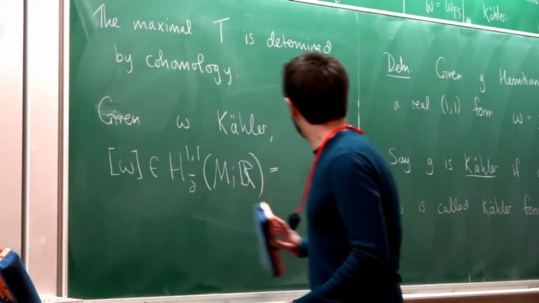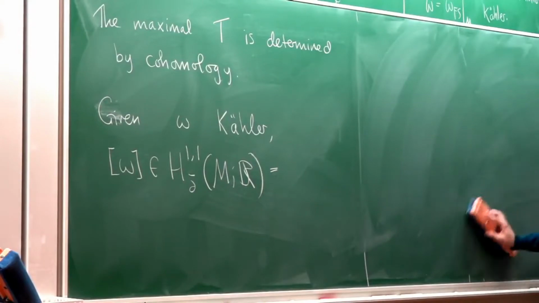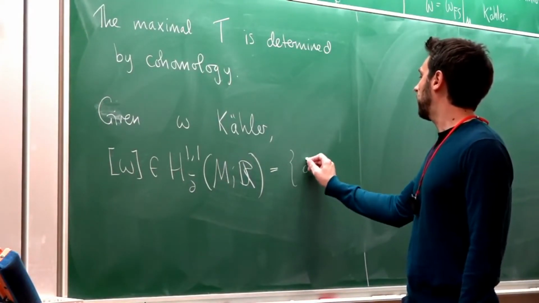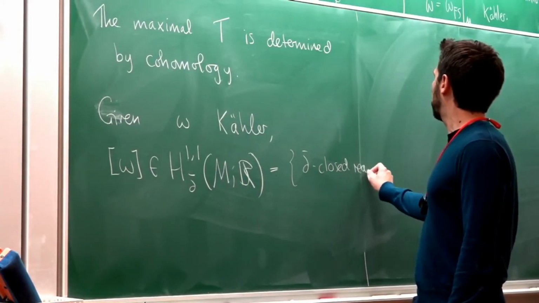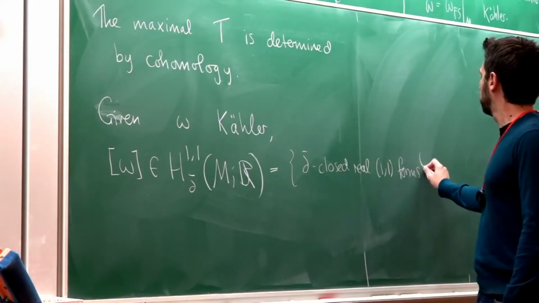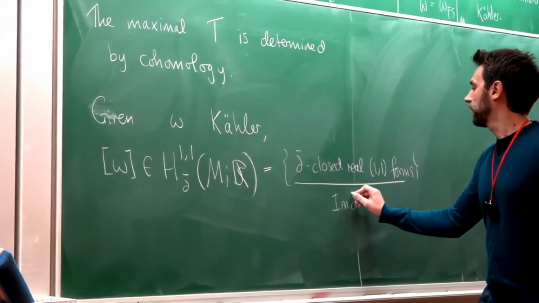What is this space? Well, there are some equivalent definitions, but I'll define this to be the d bar closed real 1-1 forms quotient out by the image of d bar.